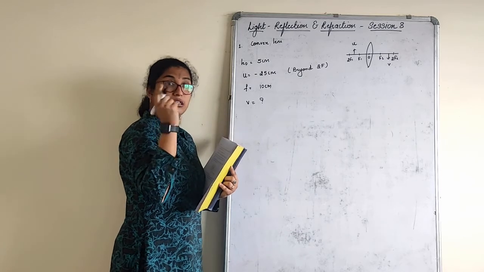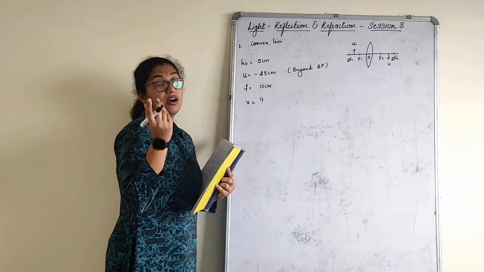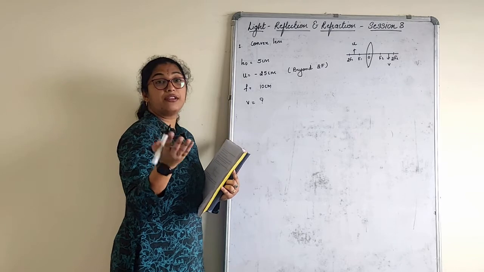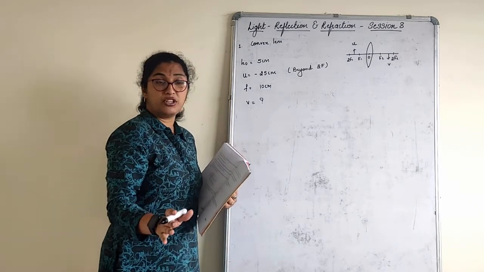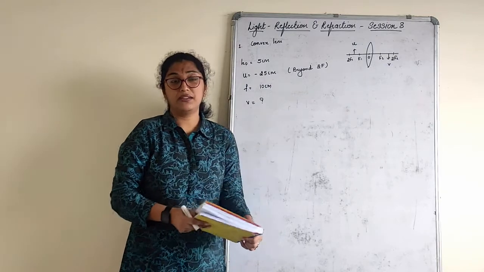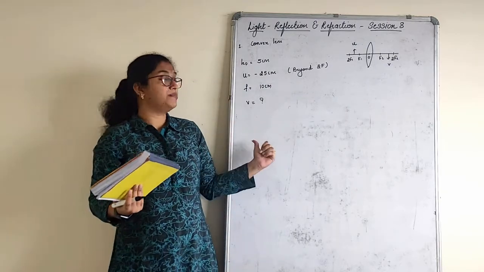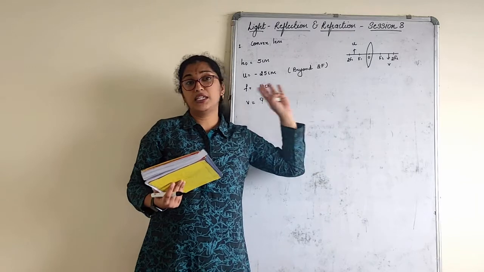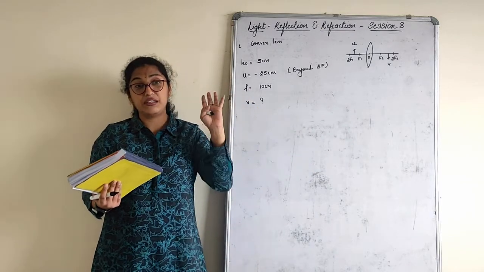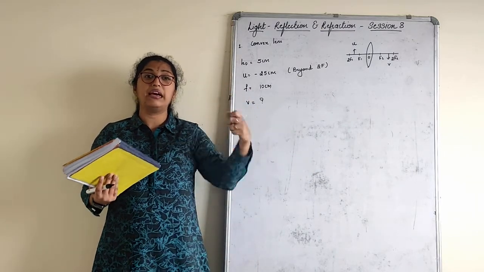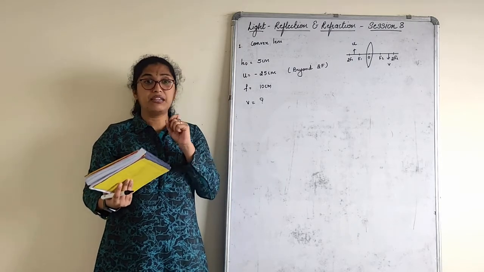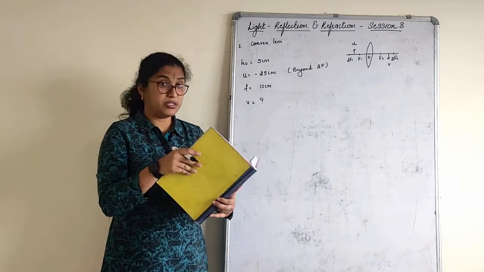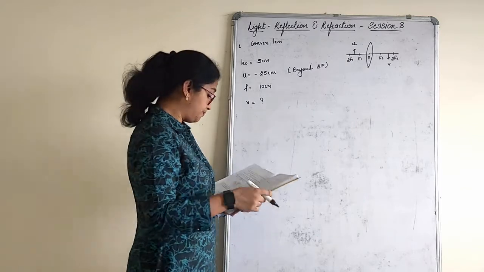It is smaller in size than the object. How do you know this? Because you have to remember the ray diagram technique. The ray diagram should be very perfect, children. When you keep the object beyond 2F, you should know where the image is formed and what the size is, small, enlarged, whatever. Be very perfect in mirror and lens ray diagrams along with the position and size.